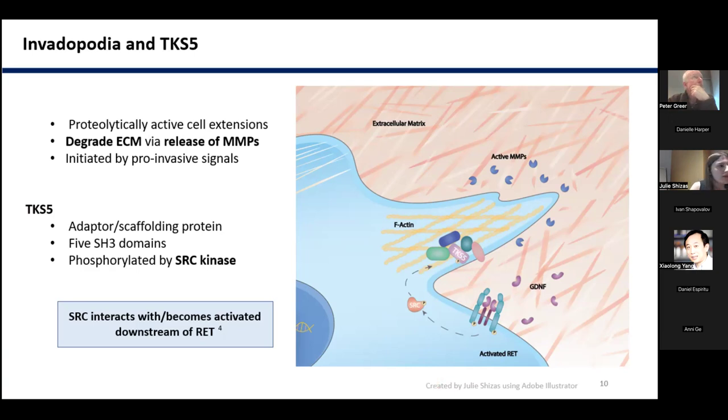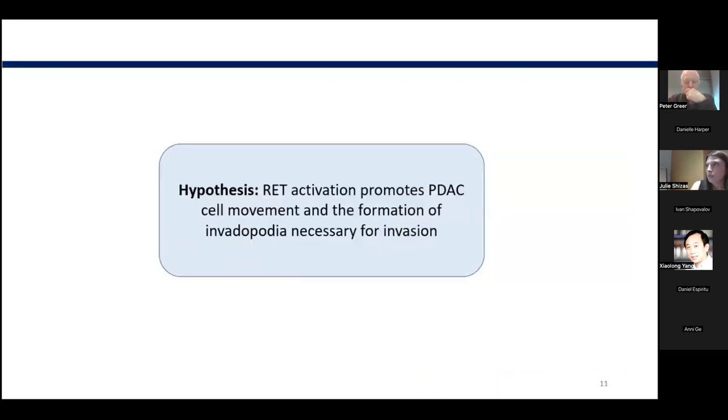Interestingly, TKS5 is phosphorylated by Src kinase, and as I've mentioned previously, Src interacts with and becomes activated downstream of RET. So this brings me to my hypothesis that RET activation promotes PDAC cell movement and the formation of invadopodia necessary for invasion.